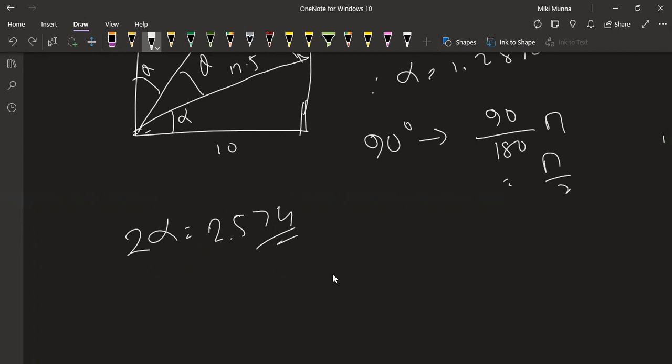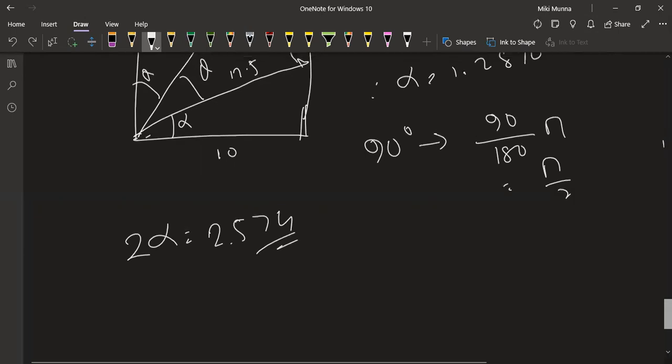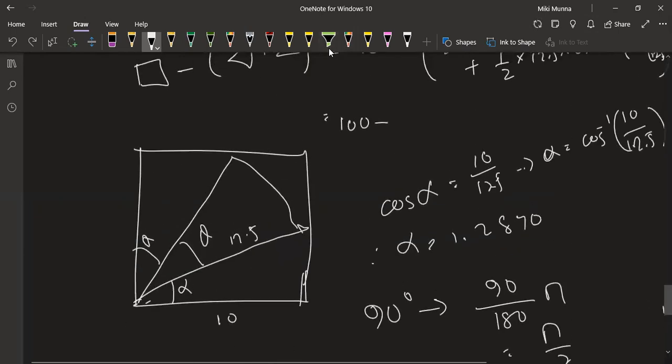Let me cross check. Sorry, this alpha was 0.6435. Actually, I calculated the double together.